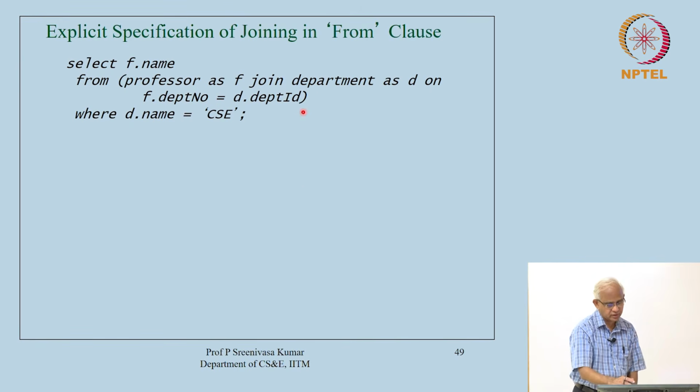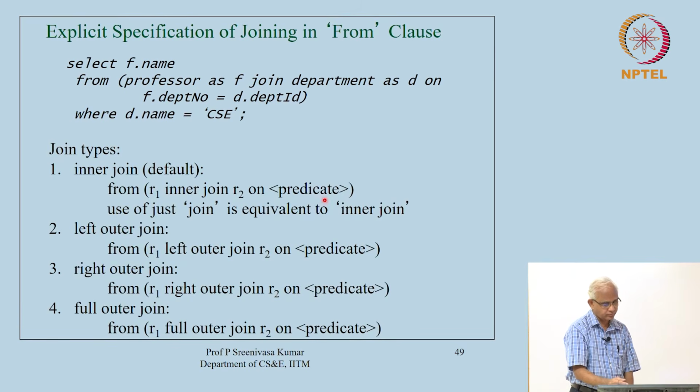This feature I think is essentially required when you want to perform other kinds of joins rather than the normal inner join. The inner join can be taken care of by specifying the join conditions in the where clause itself. But if you want to really do the other joins, the outer joins, then there is no appropriate way to specify that in SQL. So, the default is inner join, and one can specify outer joins like left outer join, right outer join and full outer join.